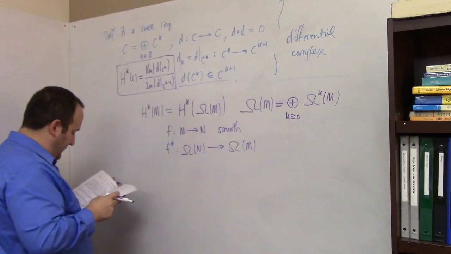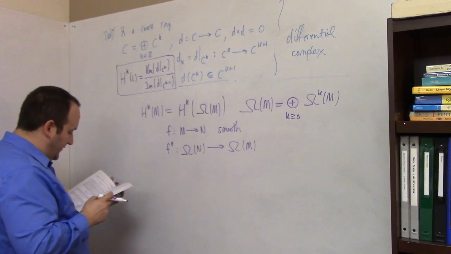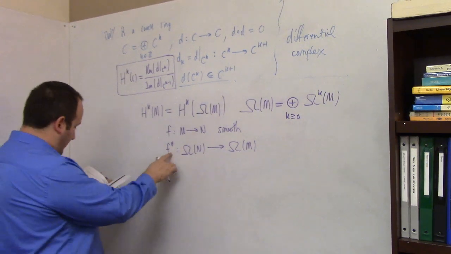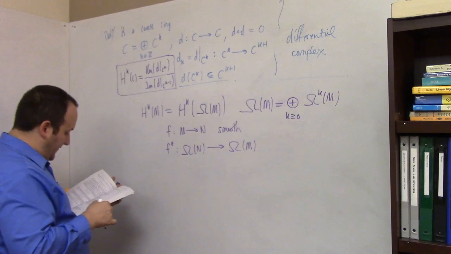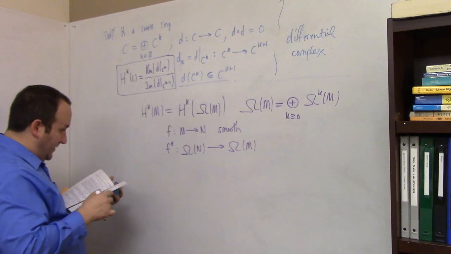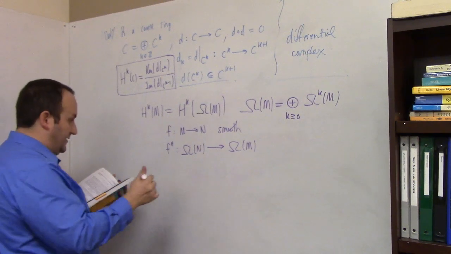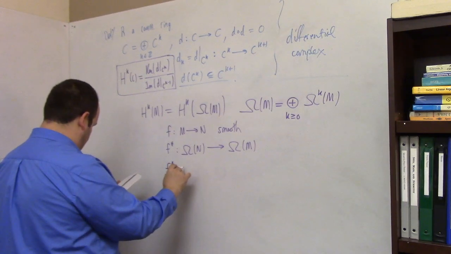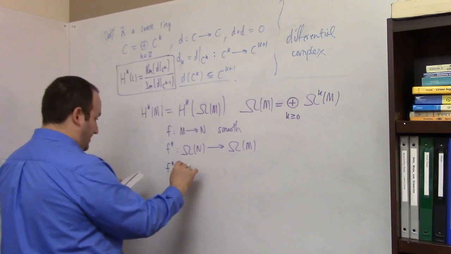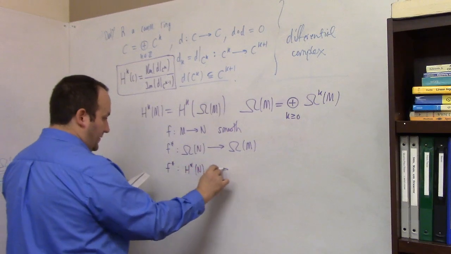And since the pullback commutes with the exterior differentiation and preserves the degree of differential forms, that means that F star is in fact a chain map. Thus, we have an induced map on the cohomology denoted by F upper star, like this, right?